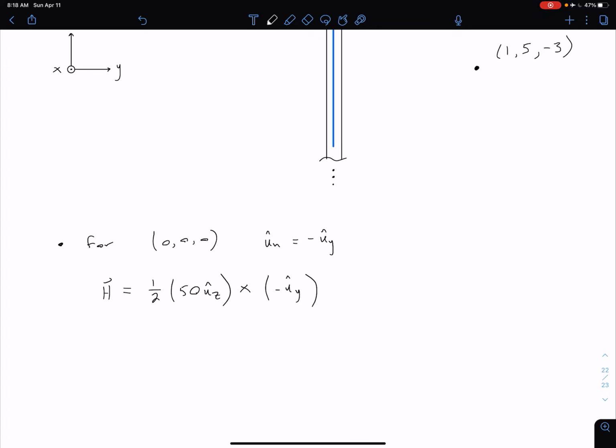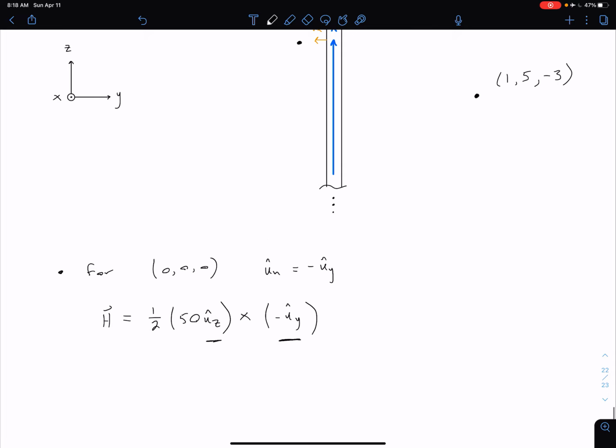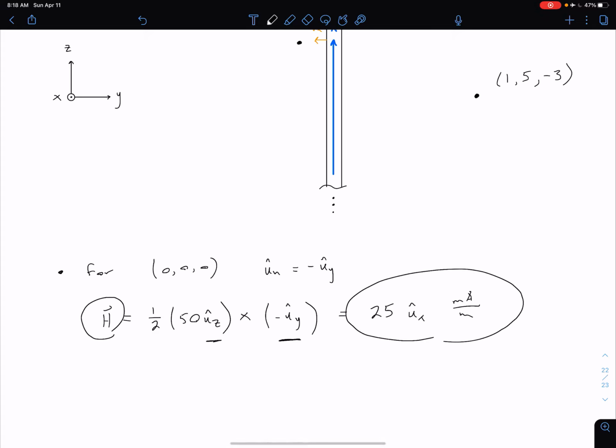We can do our right hand rule: we put our fingers in the direction of z and curl them in the direction of negative y, and our thumb is pointing in the x direction, coming out of the page, the same as our x up here. Of course, 1/2 of 50 gives us 25, so this is 25 in the x direction, milliamps per meter. That would be our answer for the point at the origin.